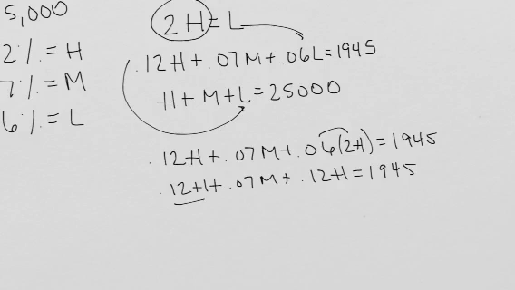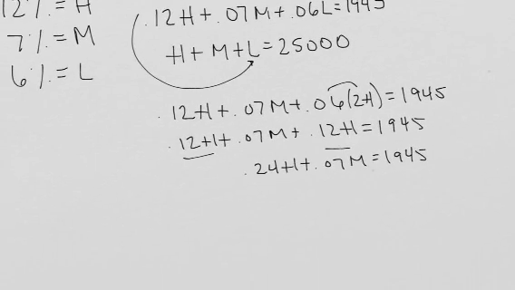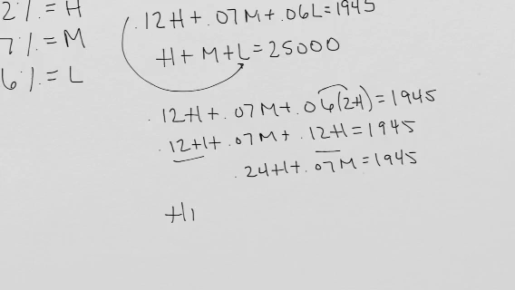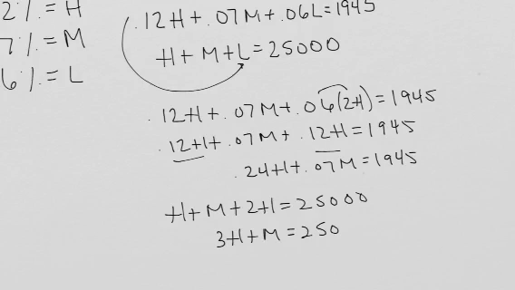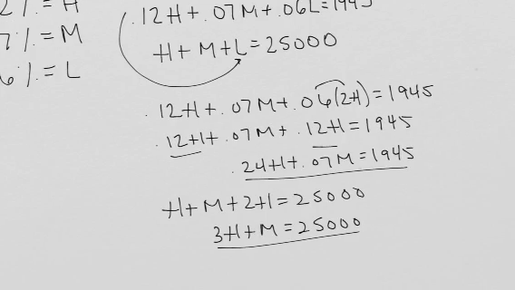Combining like terms, 0.24H plus 0.07M equals 1945. And for my other equation, H plus M, instead of the L, I'm going to do my 2H equals 25,000. So 3H plus M equals 25,000. Okay, so from here I have two equations and two variables.